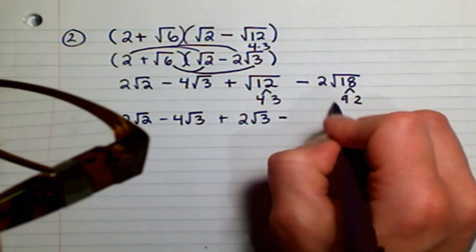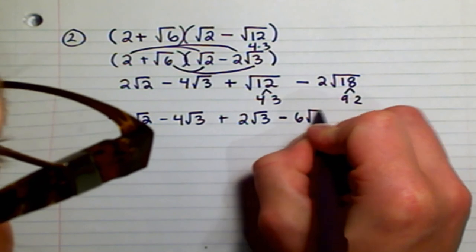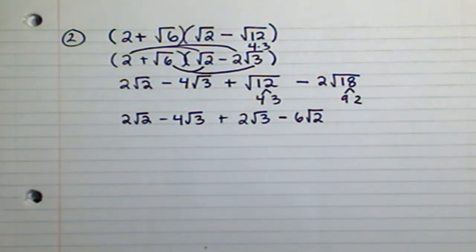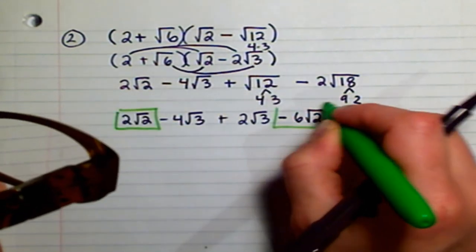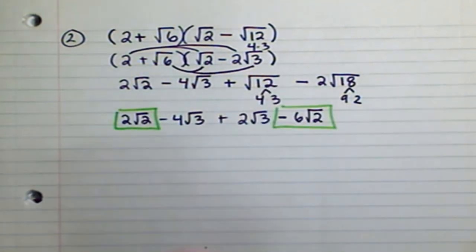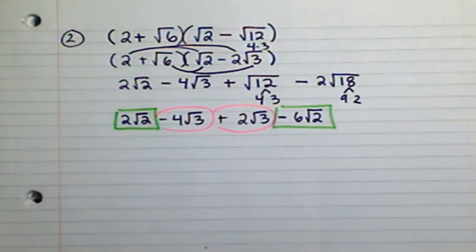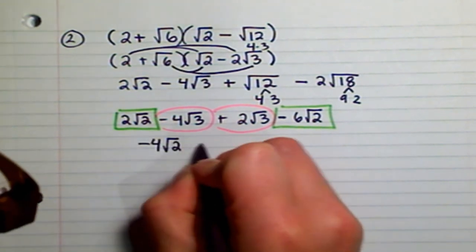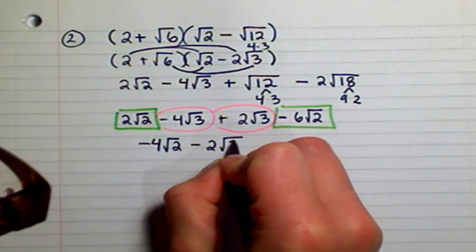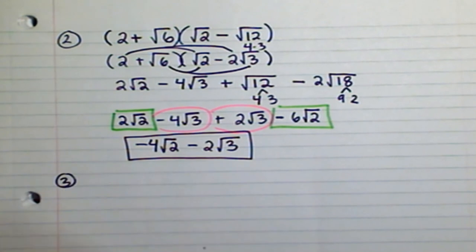When this 9 comes out, it's already multiplied by 2, so that's 6 root 2. Ooh, I see like terms. Remember when you used to circle, box, triangle these things? All right, I've circled up my like terms. So I'm going to get minus 4 root 2 minus 2 root 3.